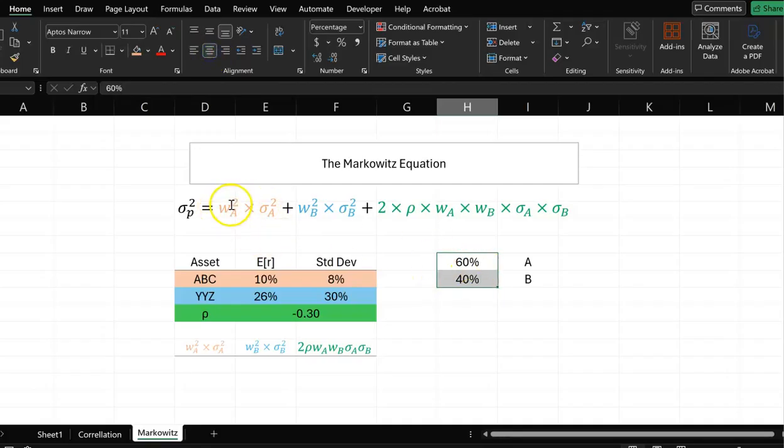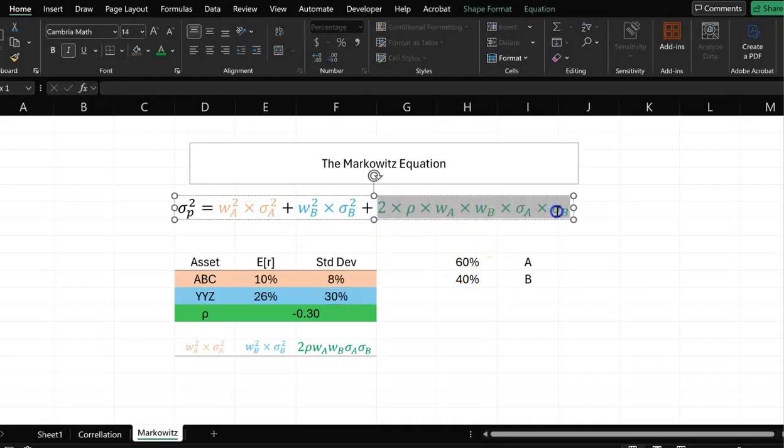And we're going to take that times this sigma squared A, which means the standard deviation squared, which is also the variance of A. So you would take 60% squared times 8% squared. And then I'm going to do the same thing with B. I've got 40% in B, so I'm going to take 40% squared times 30% squared, because its standard deviation is 30%.